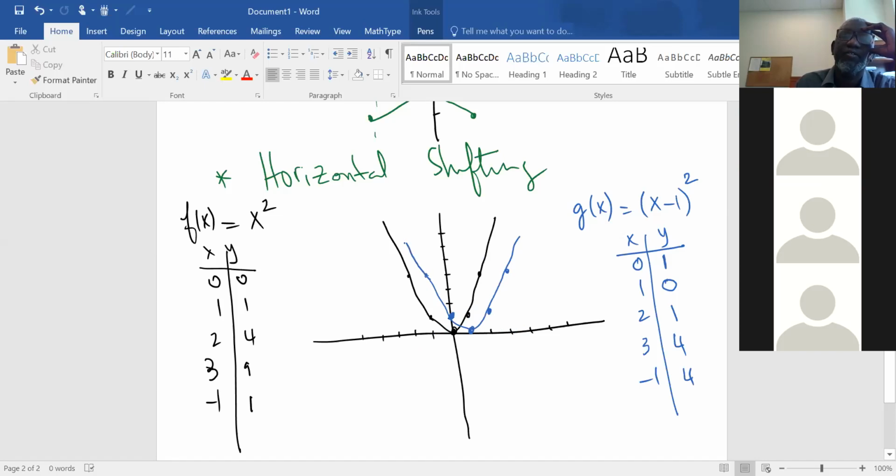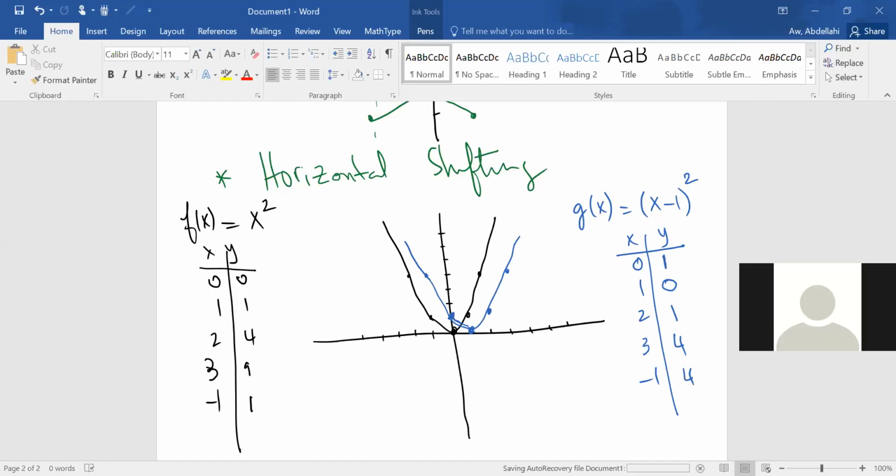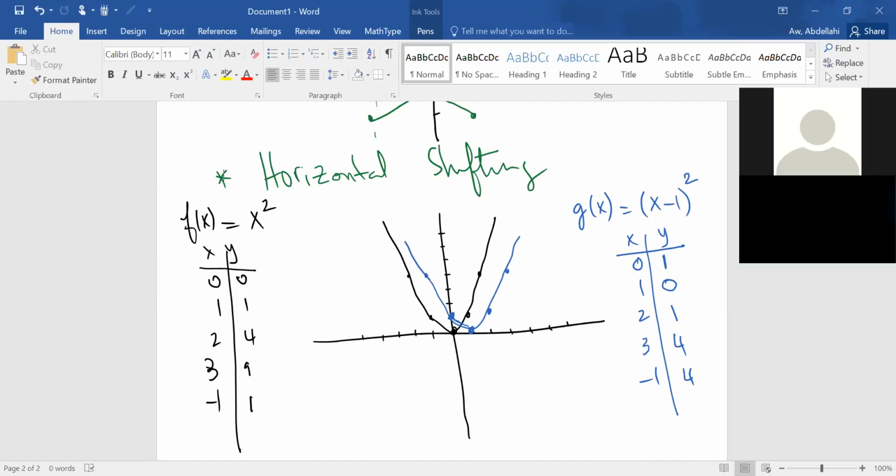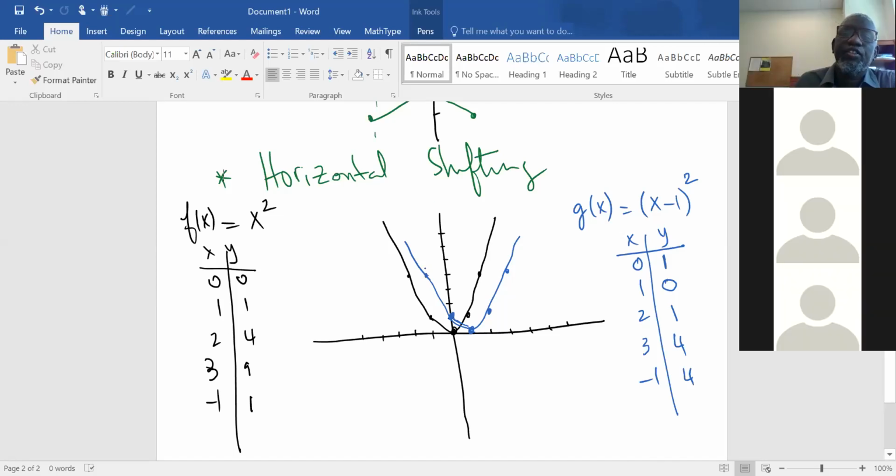Now, everybody look. What seemed to happen? How did we seem to shift the black graph to get the red graph? We seem to have shifted it how? To the right, right?